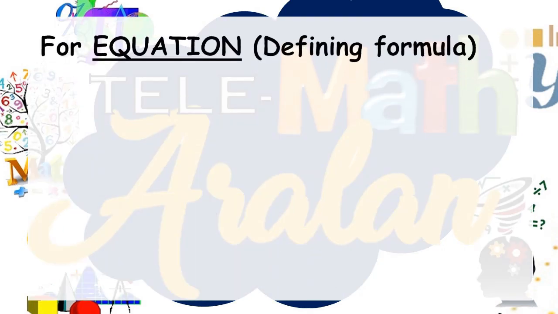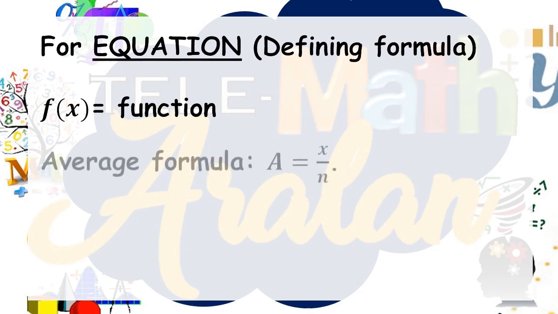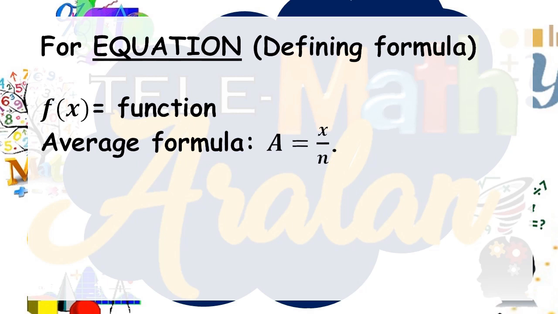Are you done? Let us see if your answer is correct. Let us start with the equation. To define the formula, we will use the formula in getting the average cost. Let the function be f of x. We can use the formula of getting an average. Average problems use the formula a is equal to x over n, where a is the average, x is the cost, and n is the number of classes.